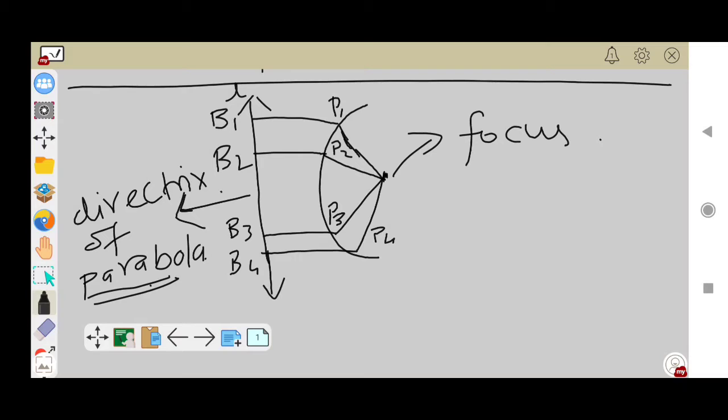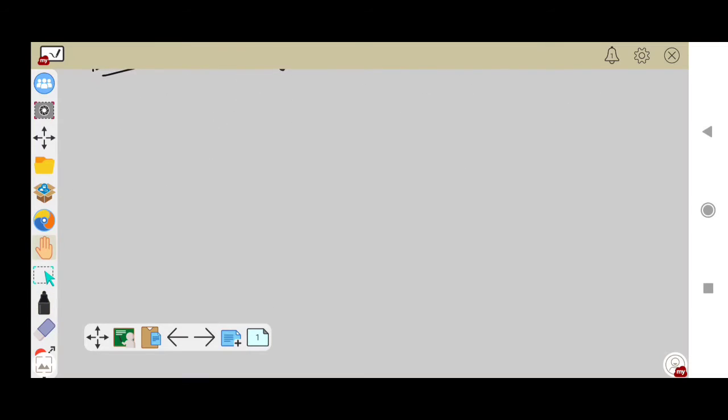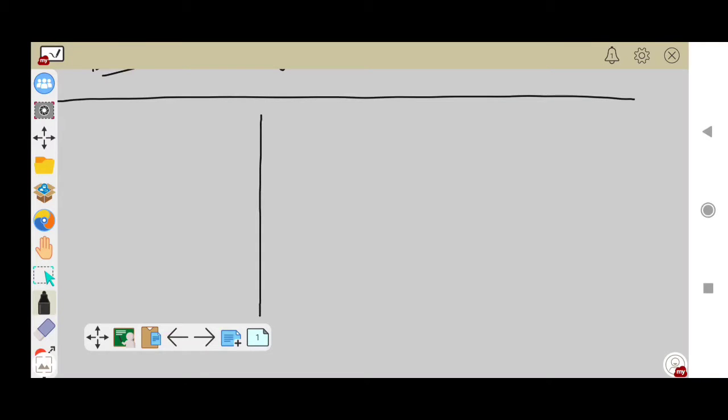Let me again draw one parabola. See, this is the fixed line, this is the parabola, and this is my fixed point. Now what is the axis of a parabola?